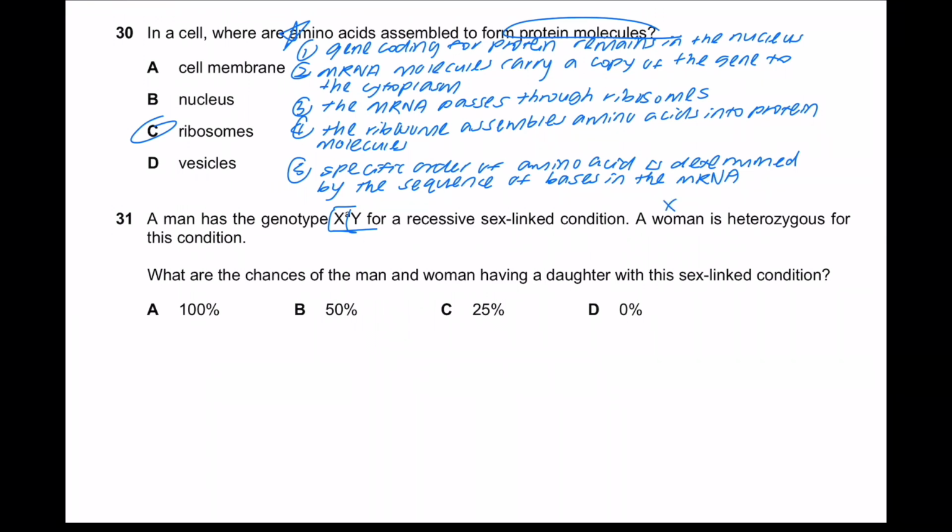A woman has an XX chromosome while a man has an XY chromosome, so the probability of having this condition is higher since they only need one chromosome for them to have this condition. So we draw a Punnett square.